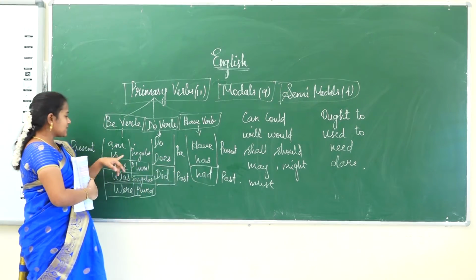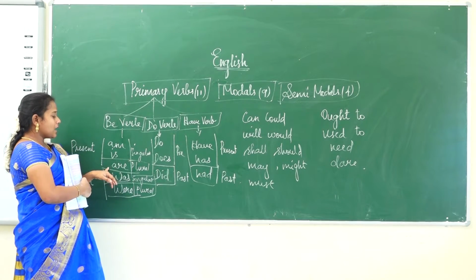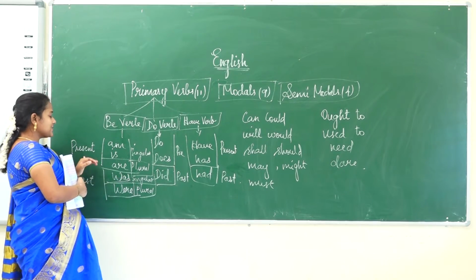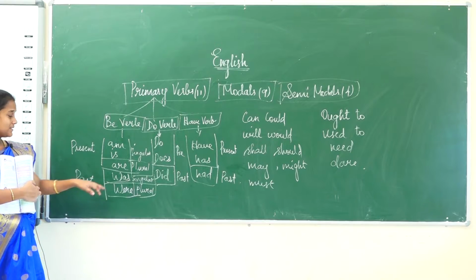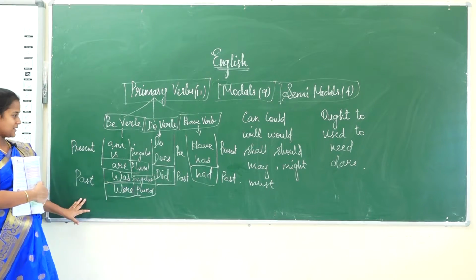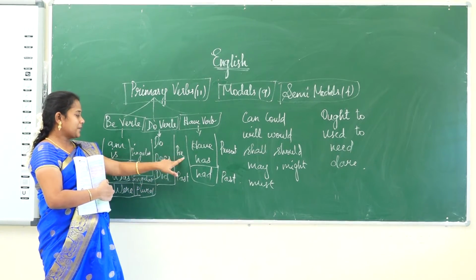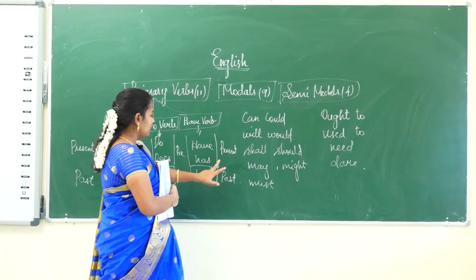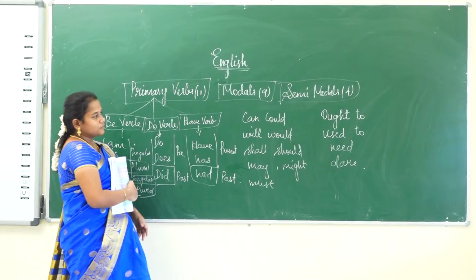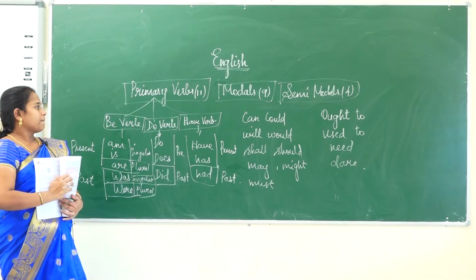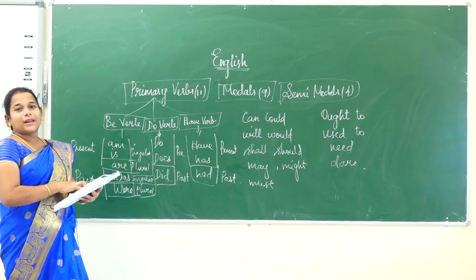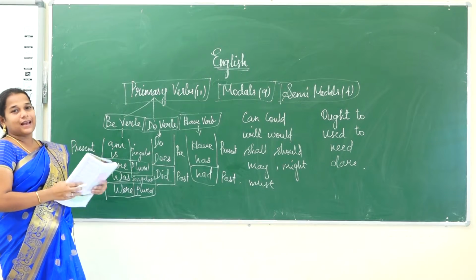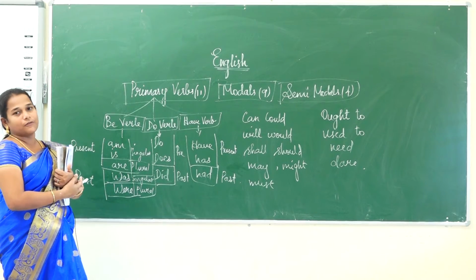Am, is are singular present tense, are is plural present tense, was is singular past tense, were is plural past tense. Do and does are present form, did is in the past form. Have and has are in the present form, had in the past form. I hope you all understand what primary auxiliaries are, what auxiliaries are, that is, helping verbs.